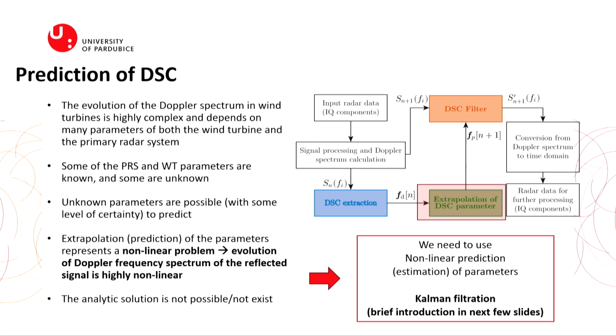Some of these parameters we can measure, or we know them, of course: the wind blade, position of the wind turbine, position of the PRS, PRI, length of pulse and so on. So a lot of parameters we know or can measure, but a lot of parameters are unknown, but they are slowly varying, and it is exactly our DSC component.